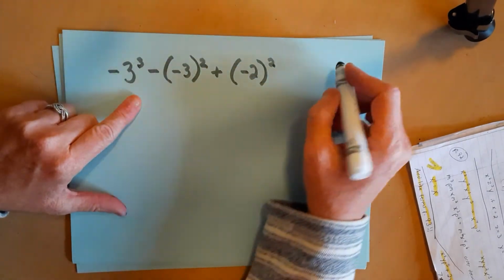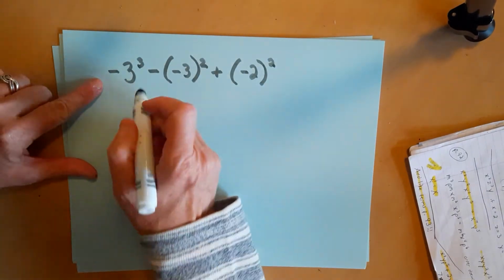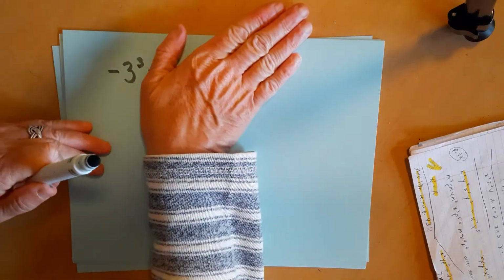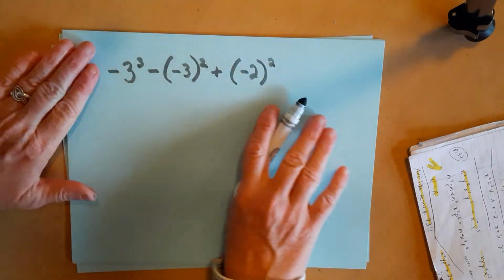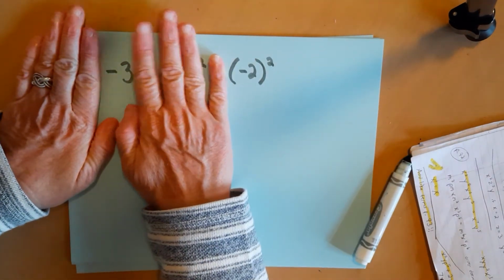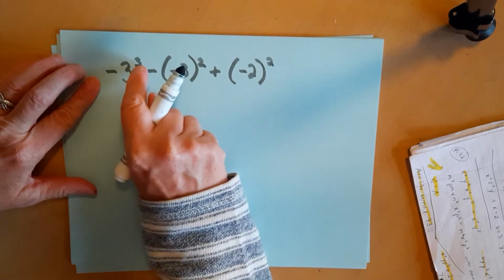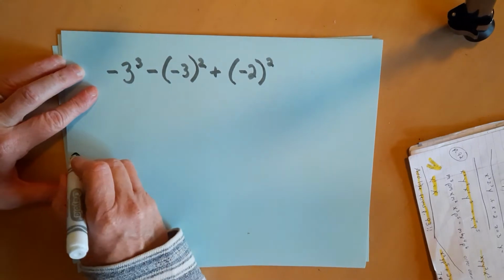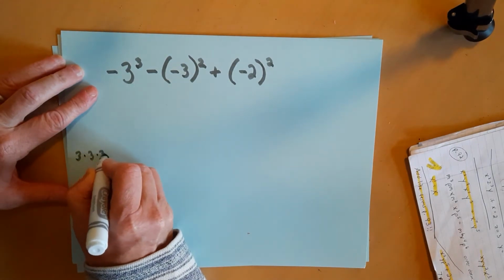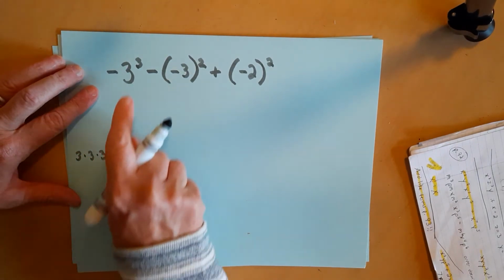And we have to be very careful to watch the signs. Let's start with one thing at a time so it doesn't get overwhelming. We're just going to look at this part right here, the negative 3 cubed. Remembering that the base sticks to the exponent, we know that that means 3 times 3 times 3, which is 27.